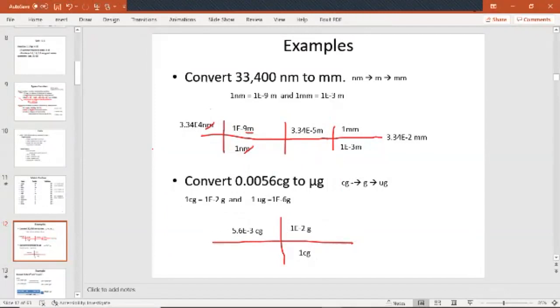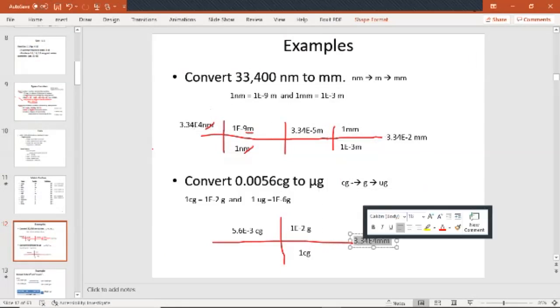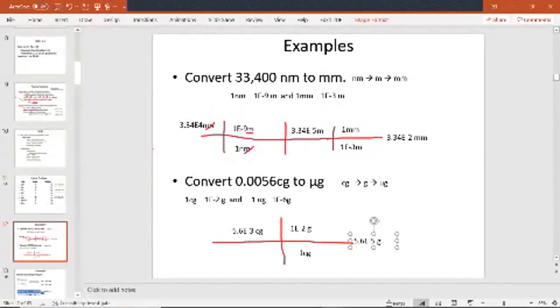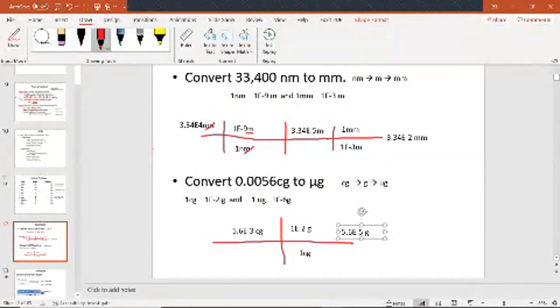So now when we multiply, we add exponents. So 5.6 times 10 to the negative 3 times 10 to the negative 2, we add the exponents, it becomes 10 to the negative 5th grams. So now what we're going to do is we're going to convert grams into micrograms.